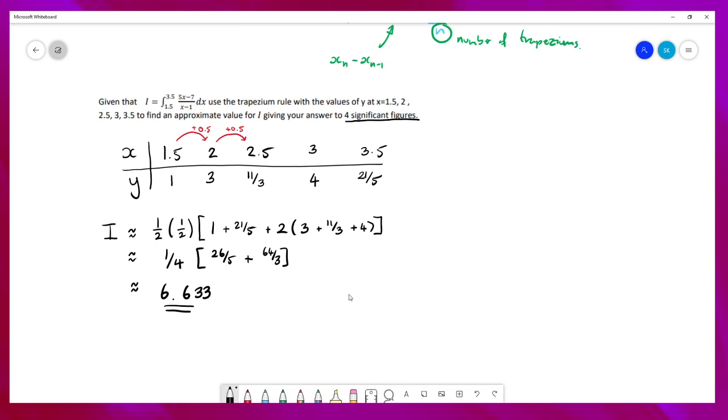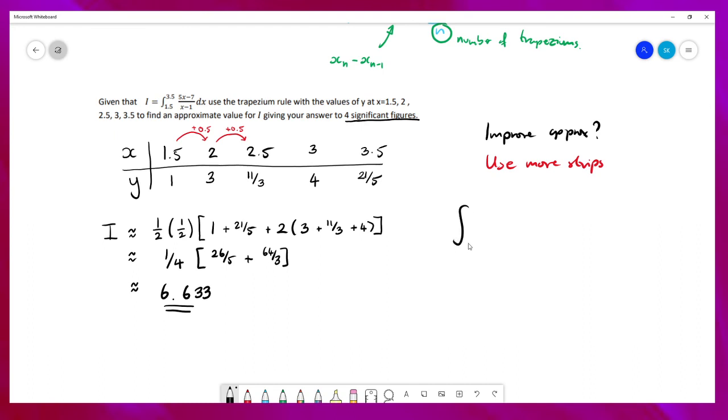Now you can have a few additional bits on top of doing this example. For instance, you might get the question asking you how to improve the approximation. And the answer there is use more strips. If we make thinner strips and use more of them, we will get a better approximation.